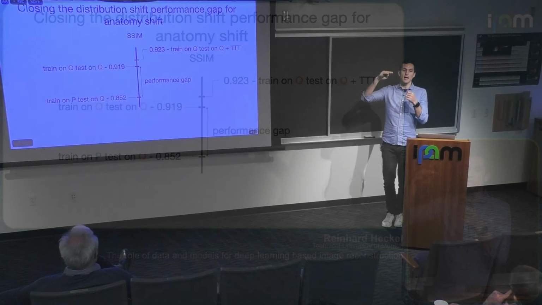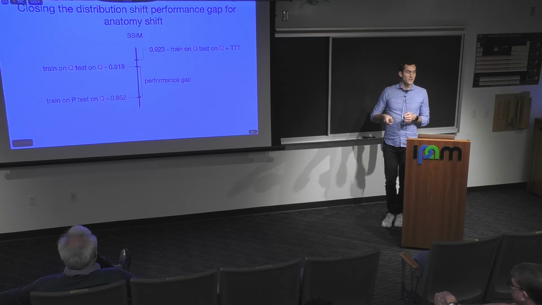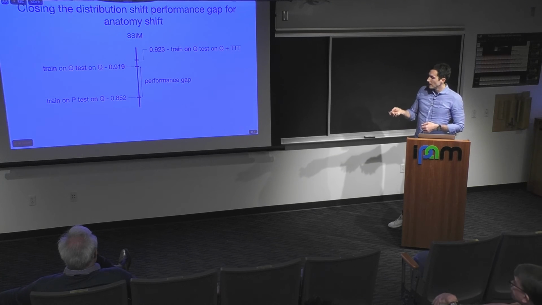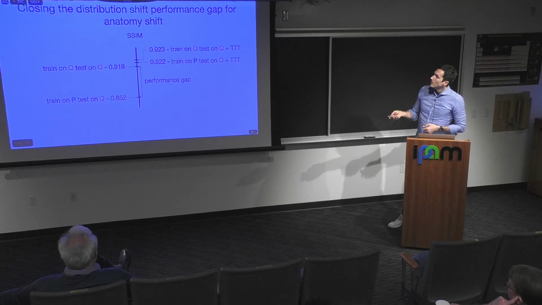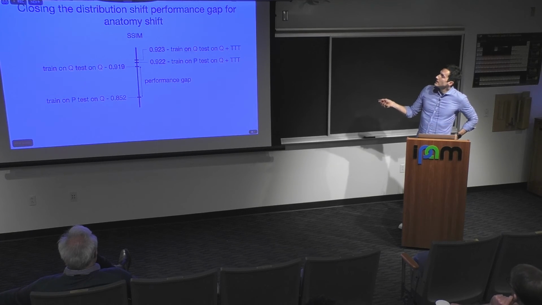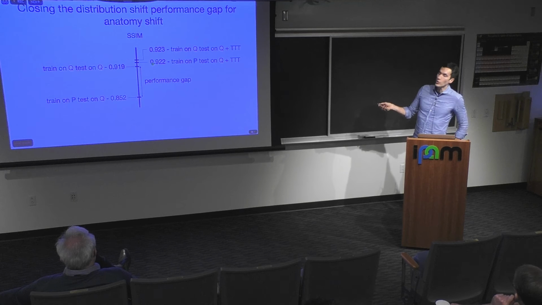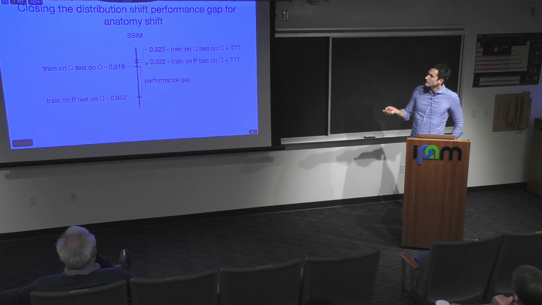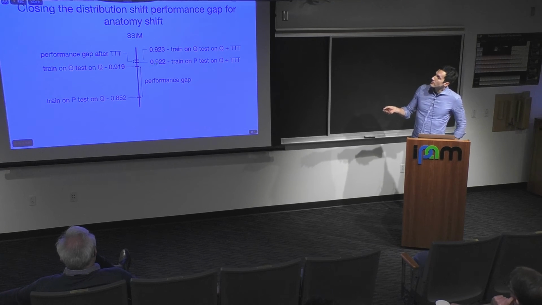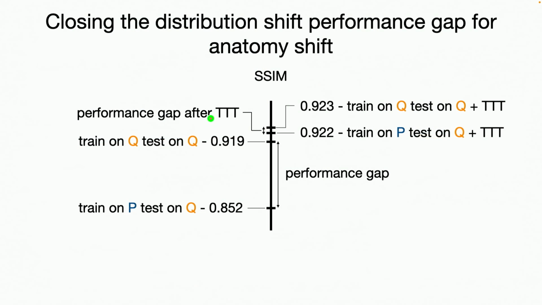You get a tiny improvement in performance, and that's what we see here. If we train on P and test on Q and do test time training, we don't get as good as training on Q and testing on Q, but we close this performance gap significantly. We call this the performance gap after test time training, and that's what we're really interested in: by how much do we shrink this performance gap from this huge one to this hopefully smaller one?